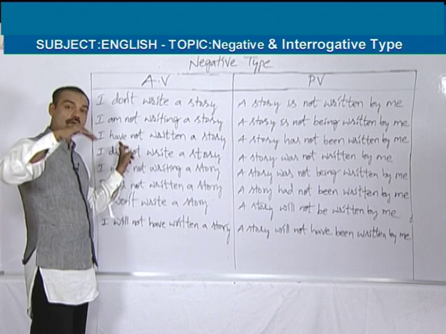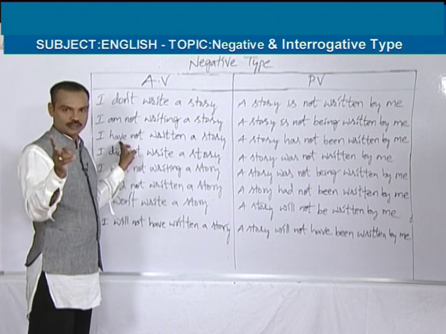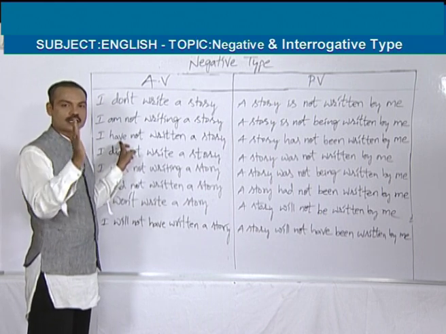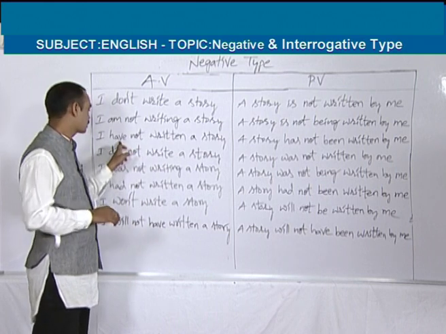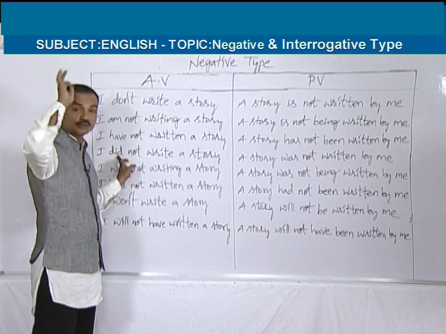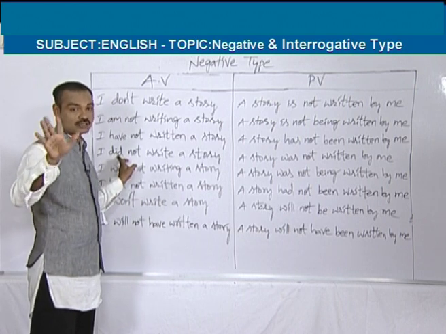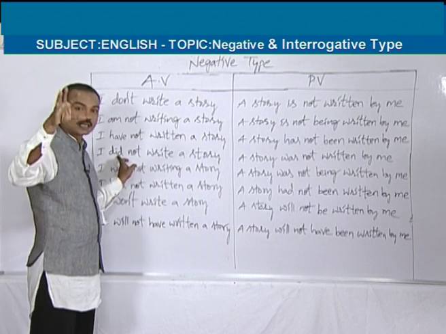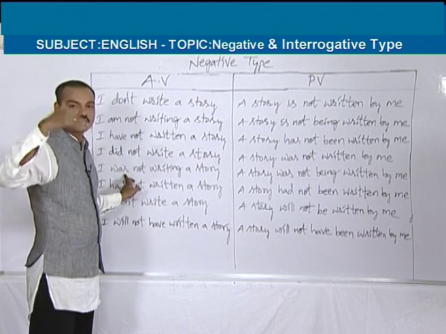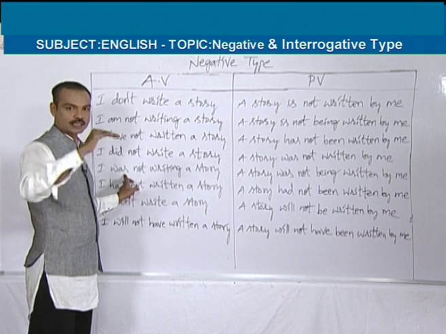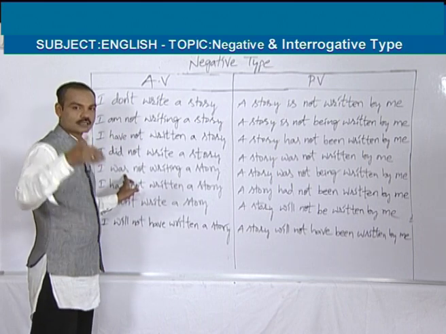Whenever you find have not or has not, such sentences are called negative statements of present perfect tense. Next, whenever you find did not, did plus not, that is a negative sentence of simple past. Whenever you find was not or were not, these sentences are from past continuous.